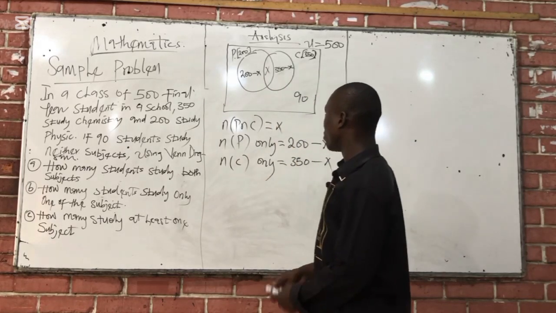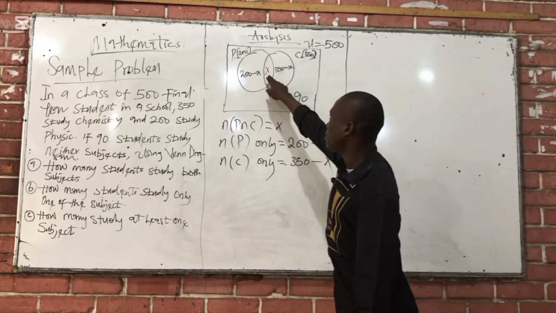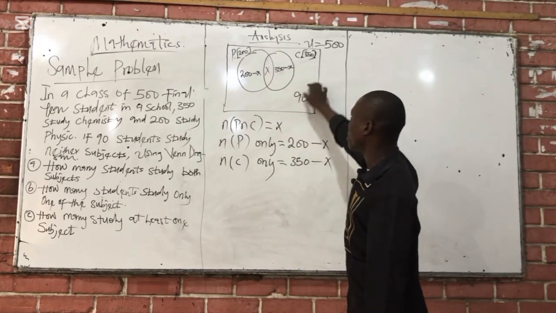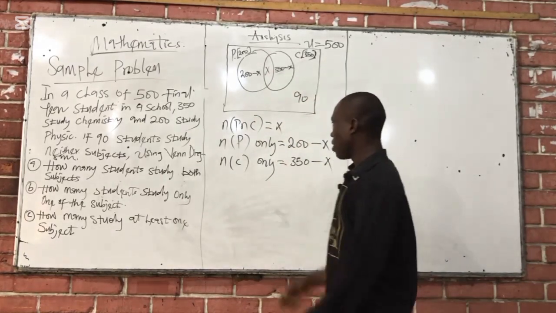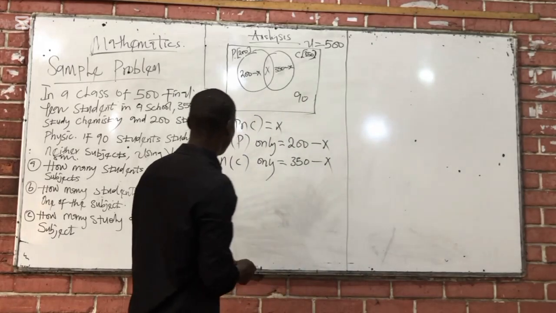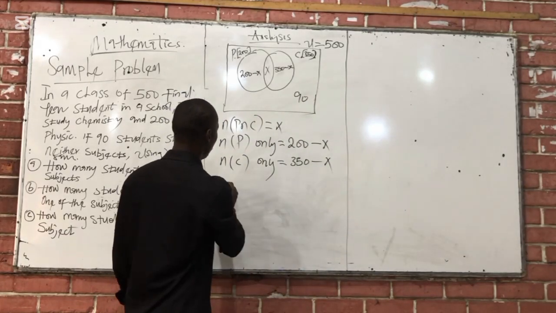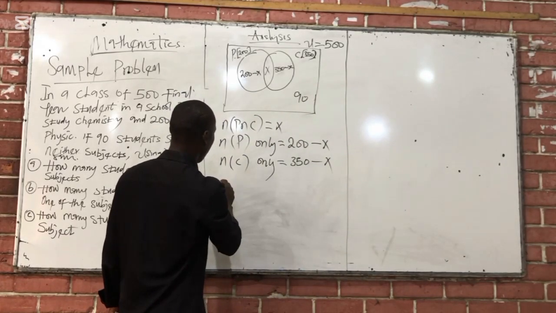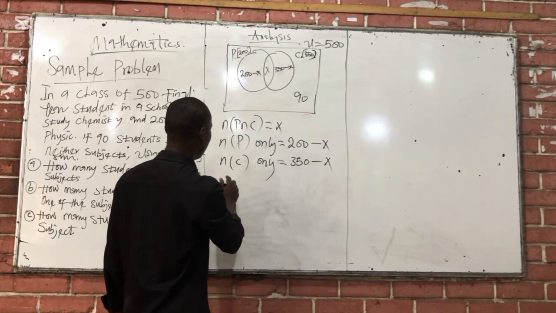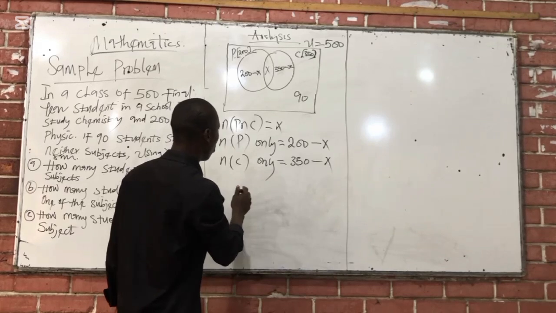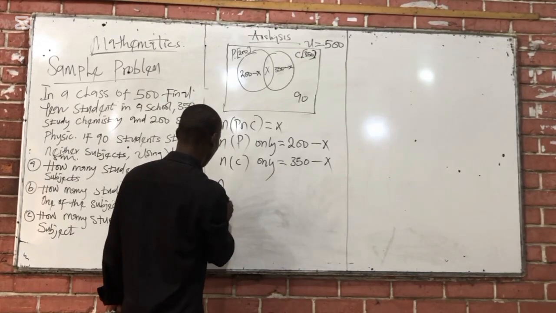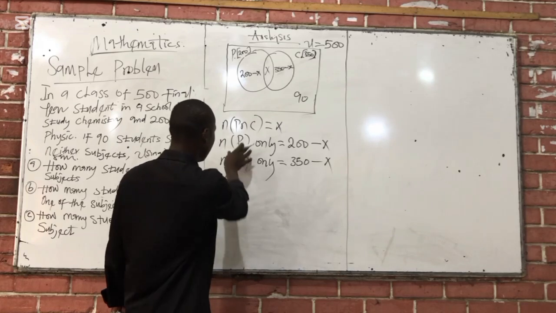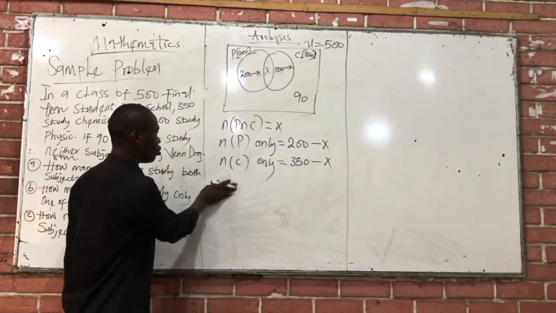So all we are going to do is sum this up, and then equate it to the universal set. So what that actually means is, the number of students that studied physics only, chemistry only, and the intersection of both becomes the number of students that studied. This thing actually can be represented in two ways.